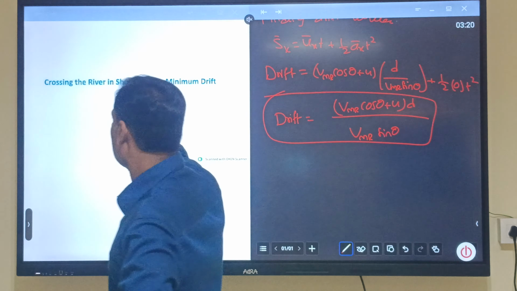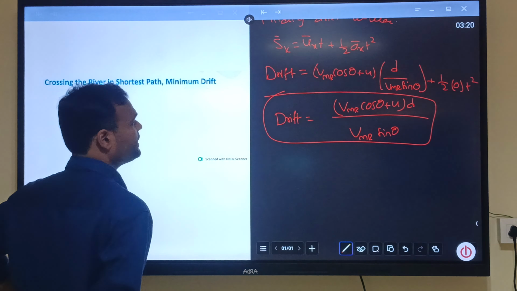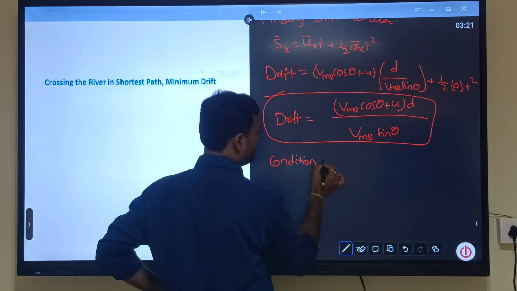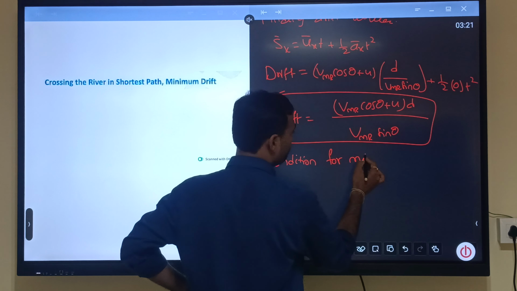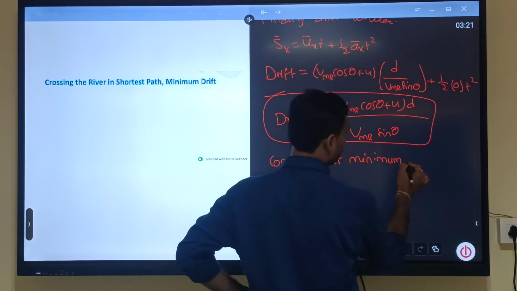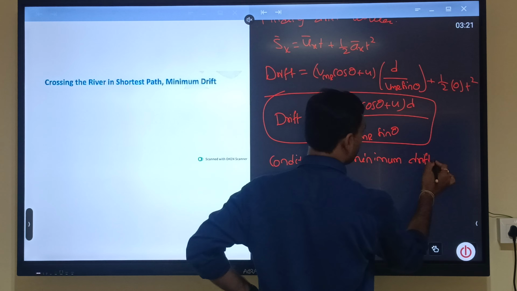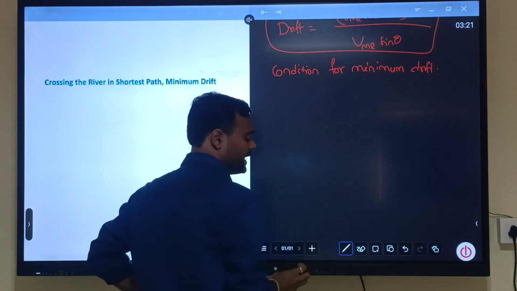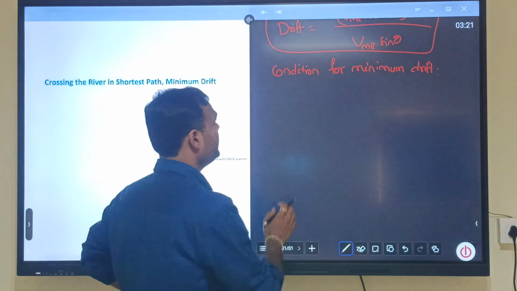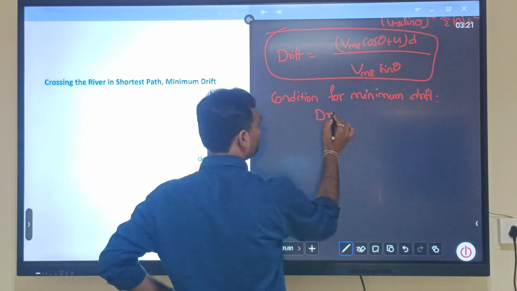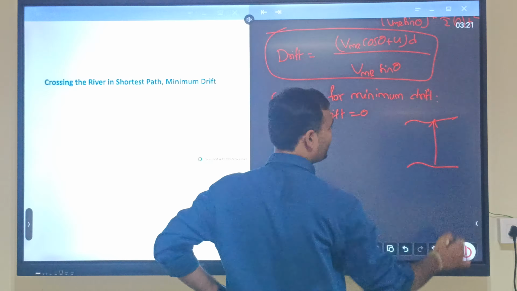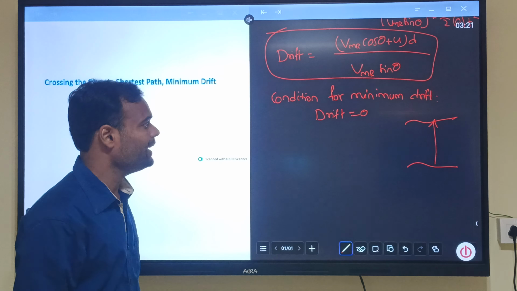Now the condition is crossing the river in shortest path, that is minimum drift. Condition for minimum drift: the drift value should be equals to 0. That means he has to reach exactly the opposite point.